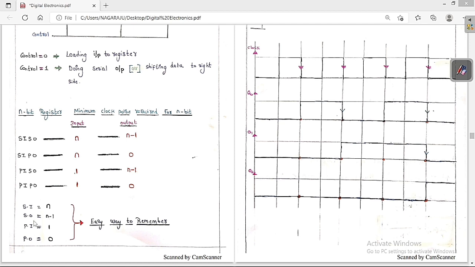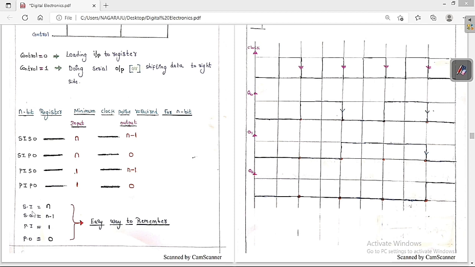For serial output, we need n minus 1 clock pulses to take out that serial data. For parallel input we require 1 clock pulse in order to feed all the inputs. For parallel output we don't need any pulse because the outputs are automatically present, so we can take them directly. So it is 0.